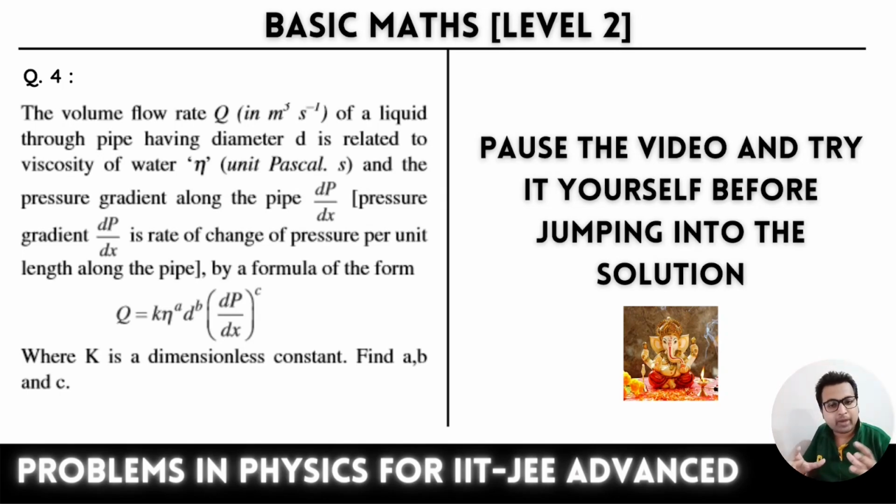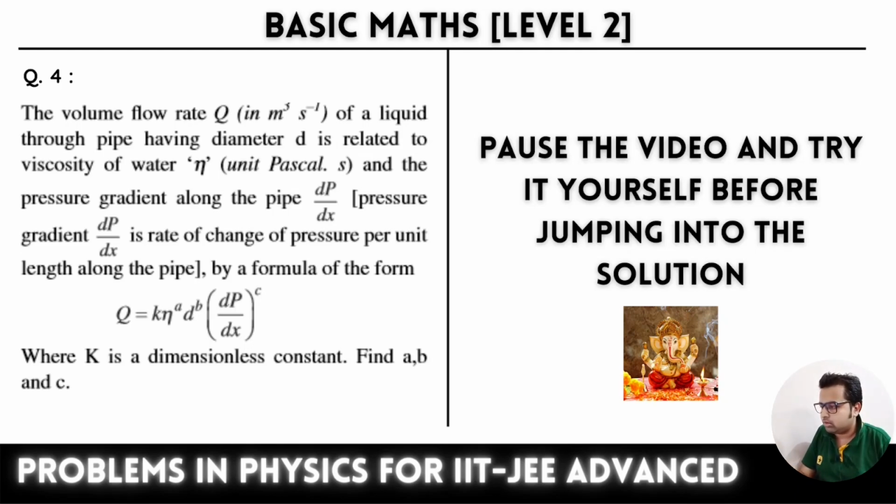If this is a special pipe where pressure changes as we move along, that change in pressure is measured with dp by dx, that is the pressure gradient. So it is a non-uniform pipe, and the formula is given.